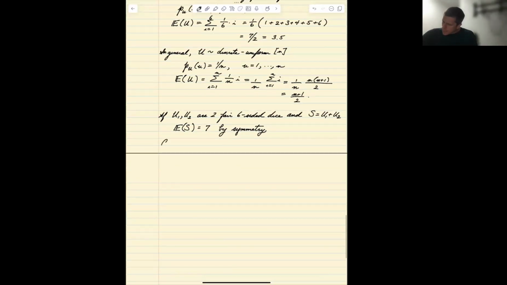But we can also note that the expectation of S can be thought of as the expectation of U1 plus U2, which is equal to the expectation of U1 plus the expectation of U2.